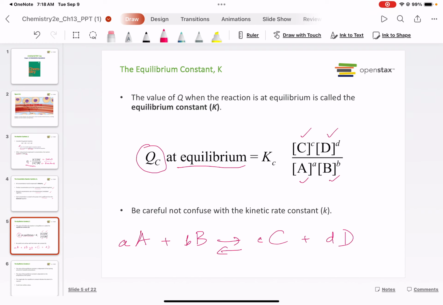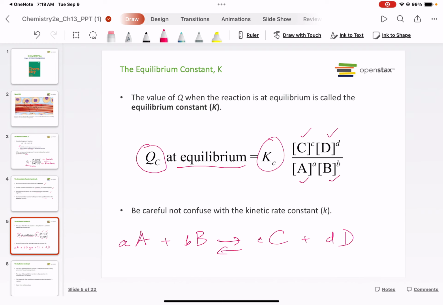But at equilibrium, the concentrations will be stable. So we take C and D multiplied together, to the power of their coefficients, divided by A and B to the power of their coefficients, and we get Kc, which is the equilibrium constant.